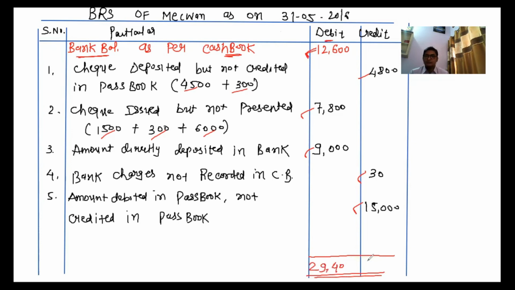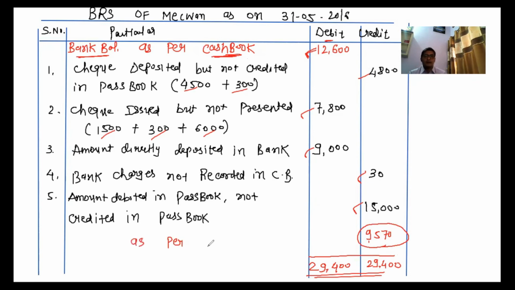The same total we write on the credit side, and the difference amounts to 9,570. From 29,400, I have deducted 1, 2, and 3. The difference comes to 9,570.